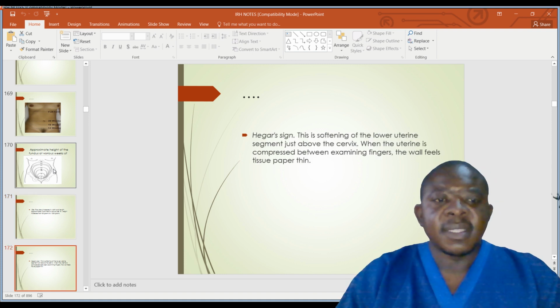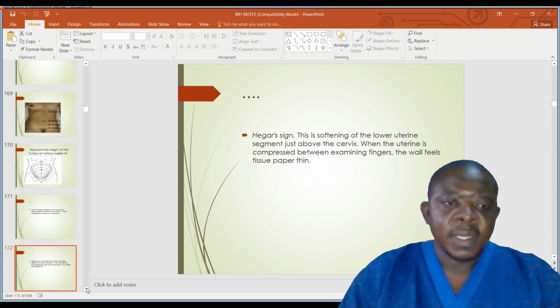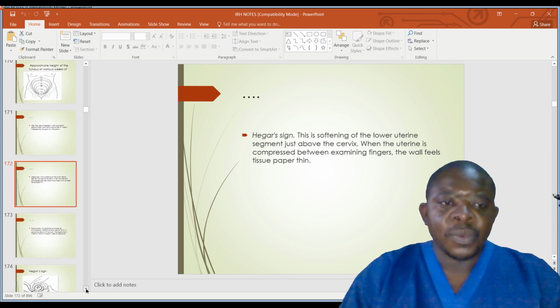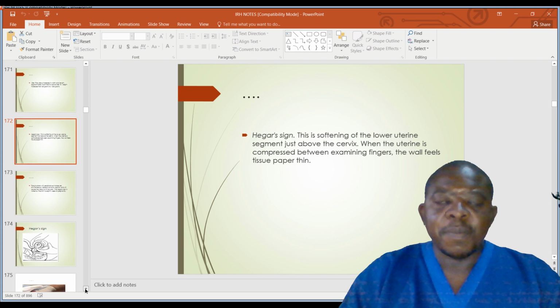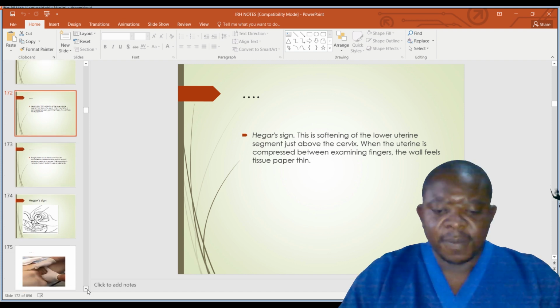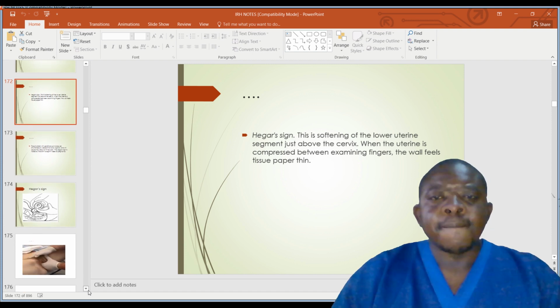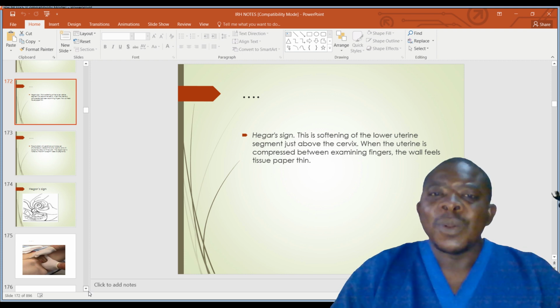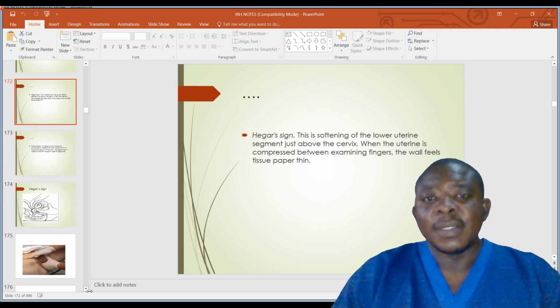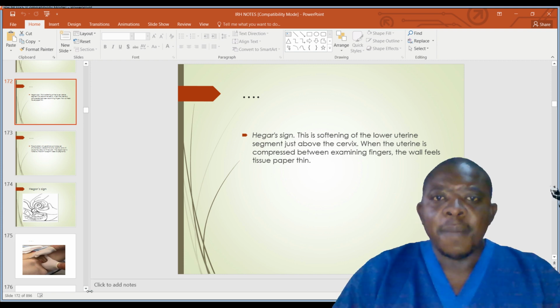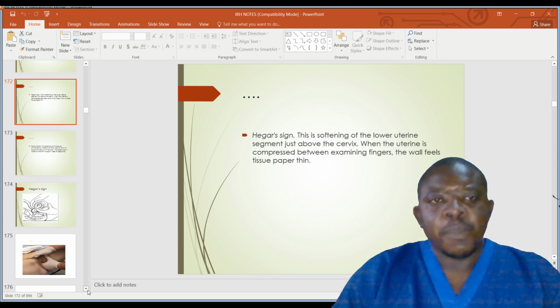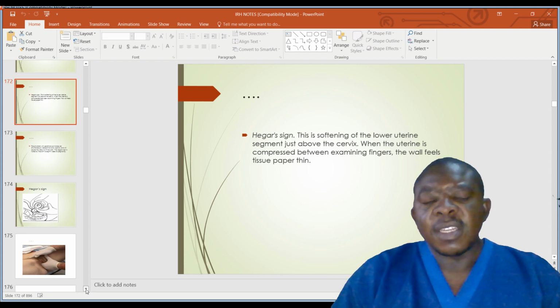Hegar's sign. So we have talked about one of the probable signs to do with size, and we have also talked about the other probable signs of pregnancy that the physician can use to tell that this is pregnancy.